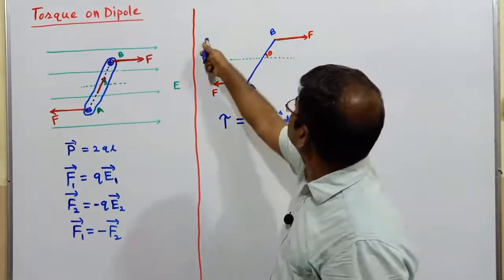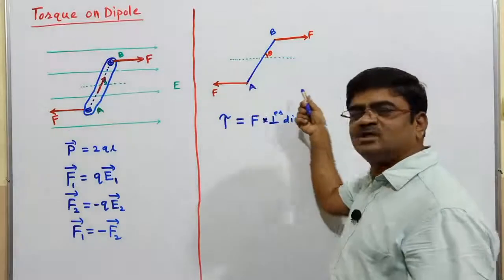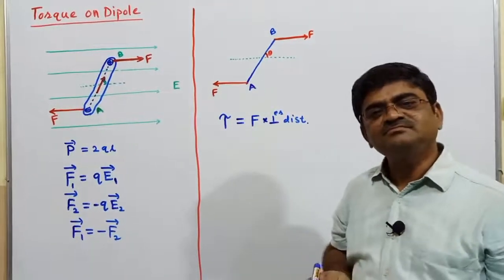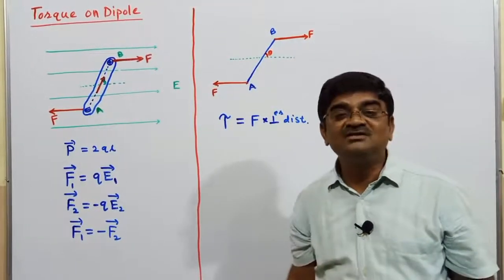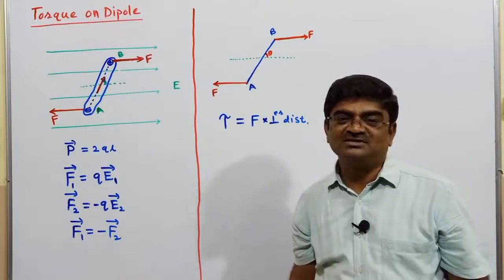This is one force, its line of action. This is another force, its line of action. And this is the perpendicular distance between those two forces.